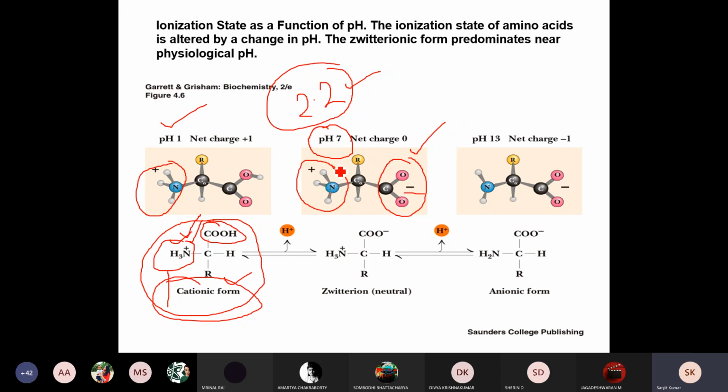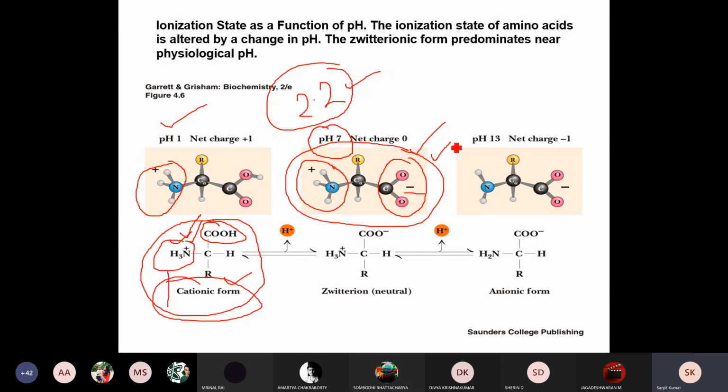The pK value of NH2 is 9 point something, so it is not going to be deprotonated, so it will be positive and the carboxyl will be negative. What is the net charge here? Can anybody tell? Zero. Zero, sir. Very good.